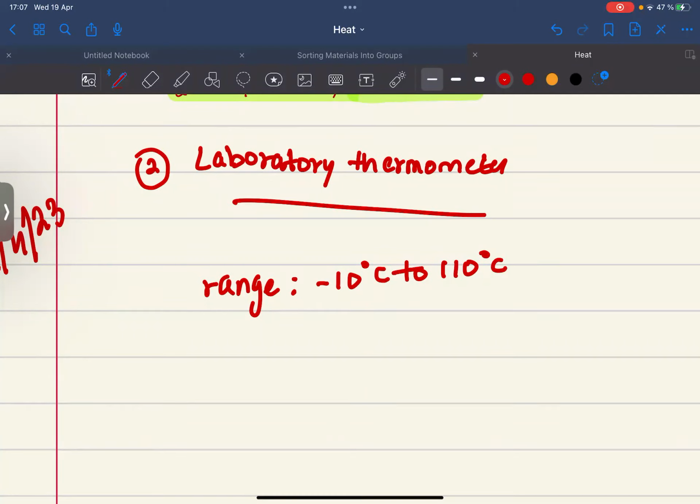Mercury should be at 0? How can it be 0? The range itself starts from 35 to 42. There is no 0. So it should be 35. For that, you can shake and reset the thermometer.